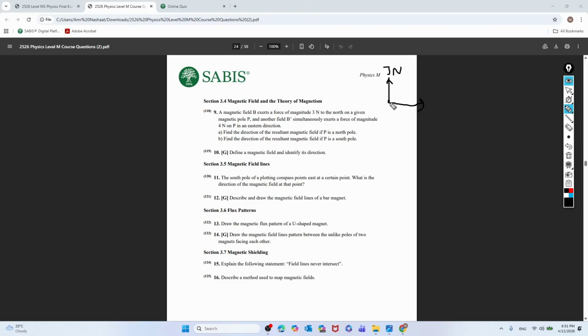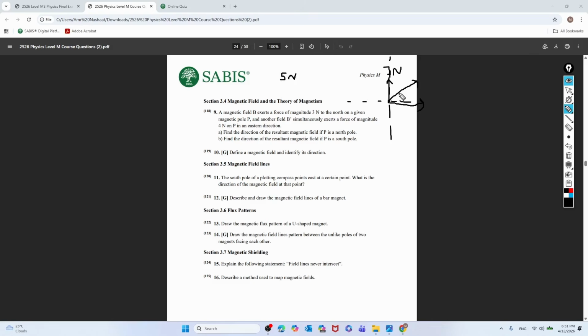So if P is a north pole, then it would point towards the magnetic field, so that would be the resultant force. Let's say this is the x-axis, this is the y-axis, this is perfectly north, this is perfectly east. So P would be like this. They said find the direction, but if you wanted the magnitude, it would be 3 squared plus 4 squared, so the magnitude would be 5 newtons.